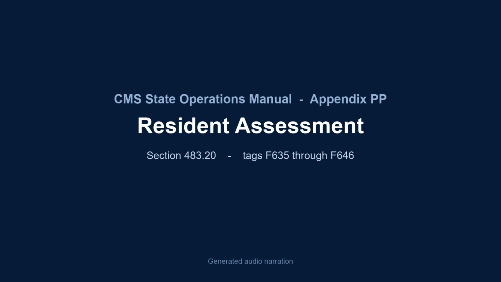Any resident with newly evident or possible serious mental disorder, ID, or a related condition must be referred by the facility to the appropriate state-designated mental health or intellectual disability authority for review.